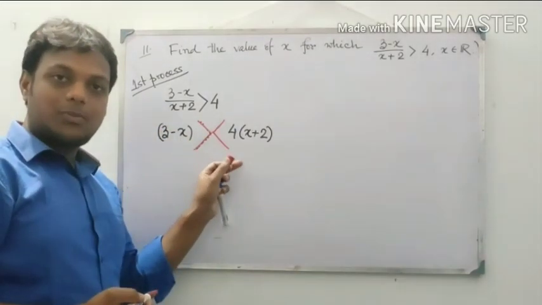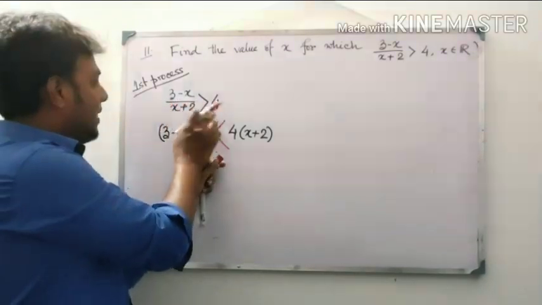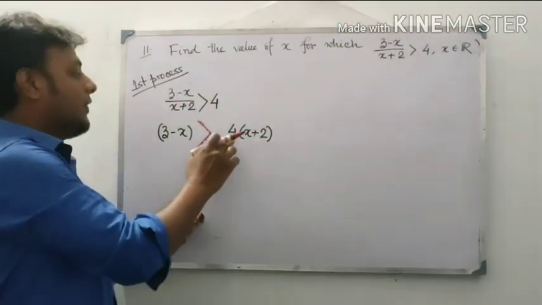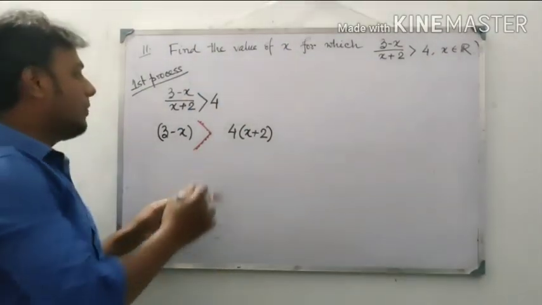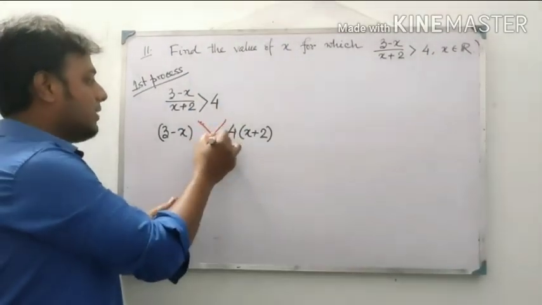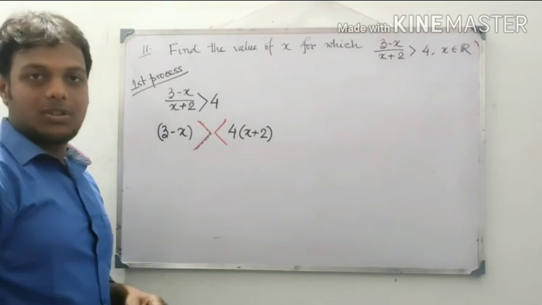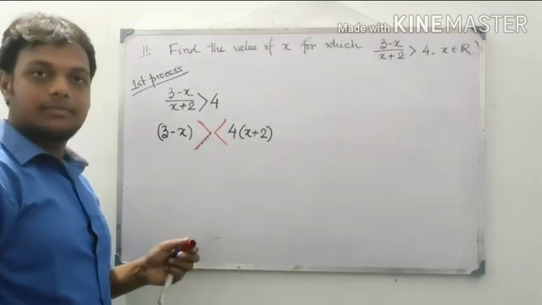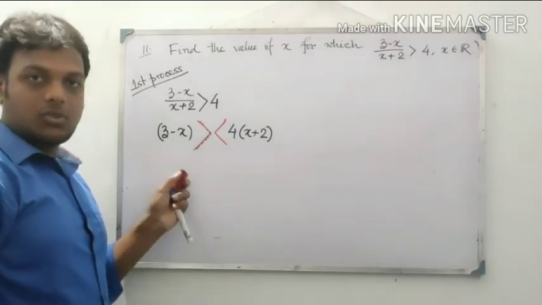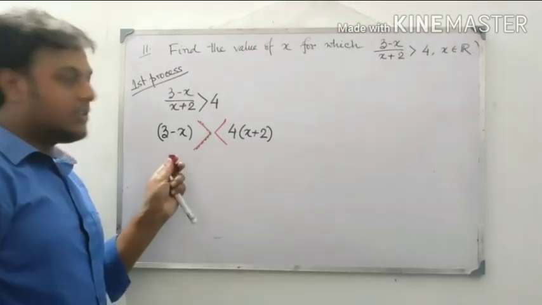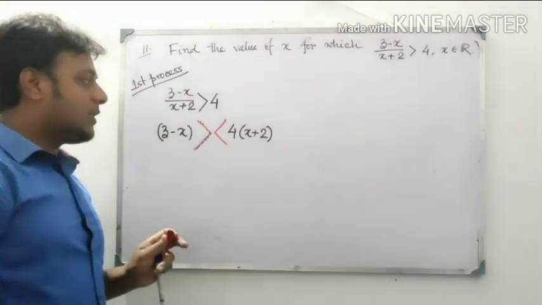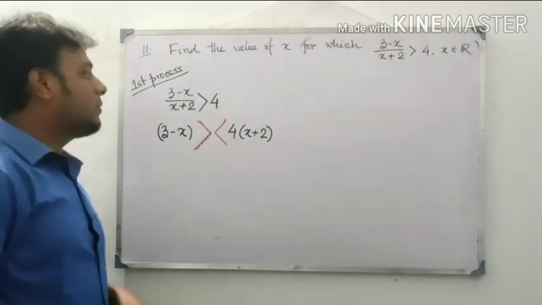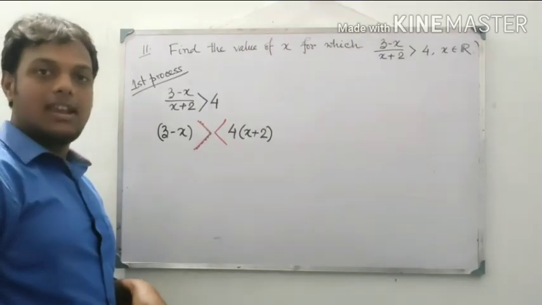If x plus 2 is positive, then we have multiplied by a positive number, so it will be greater than. If x plus 2 is negative, then it will be less than. So to solve it, there are just two cases: first we consider x plus 2 positive, and secondly x plus 2 negative.